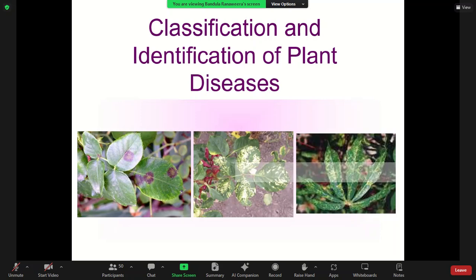Right. So when we are planning to control or manage plant diseases, it is easier for us if we can categorize the diseases in a way that we can easily manage them.